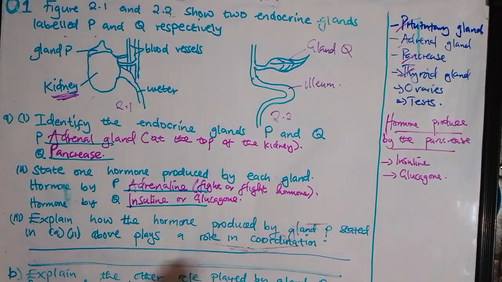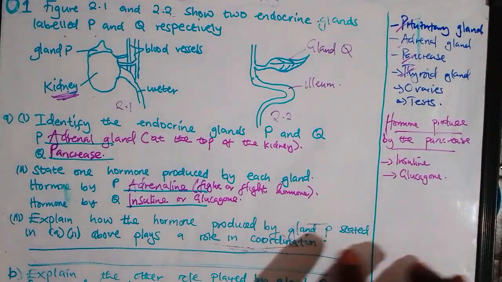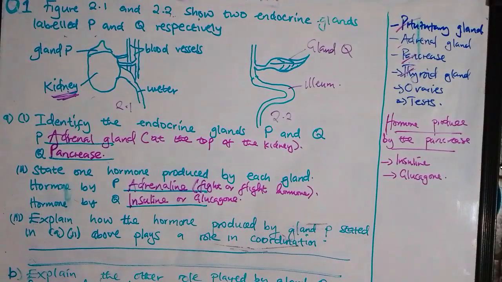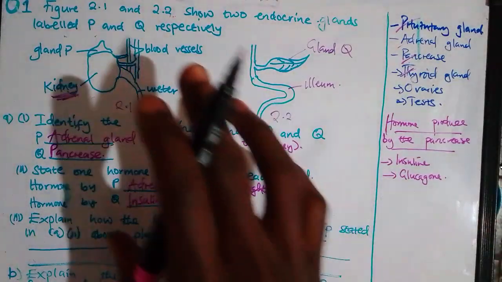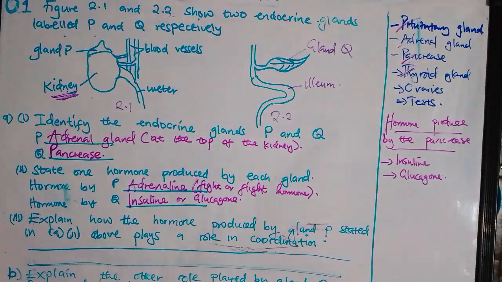Explain how the hormone produced by gland P stated in A above plays a role in coordination. So now they are asking you, how does the adrenaline hormone help you to coordinate the movement of your body? How does it help? We are talking about the adrenal gland.